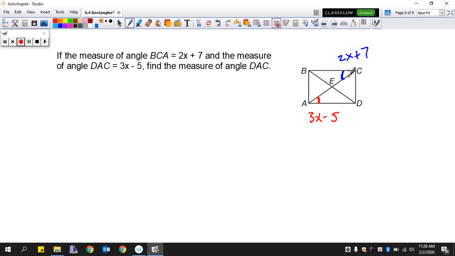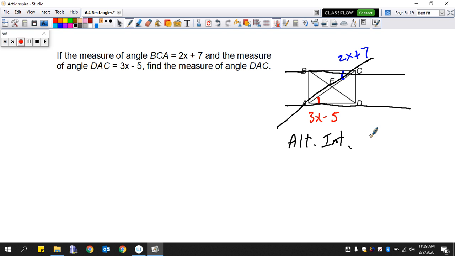So in other words, we can look at this as a set of parallel lines with a diagonal that goes through those sides. And then if we look at it like that, we notice that this angle right here and this angle right here are alternate interior angles, and we know alternate interior angles are congruent.